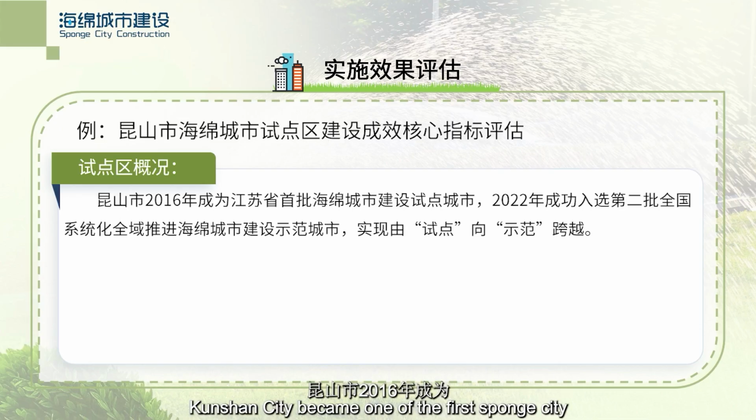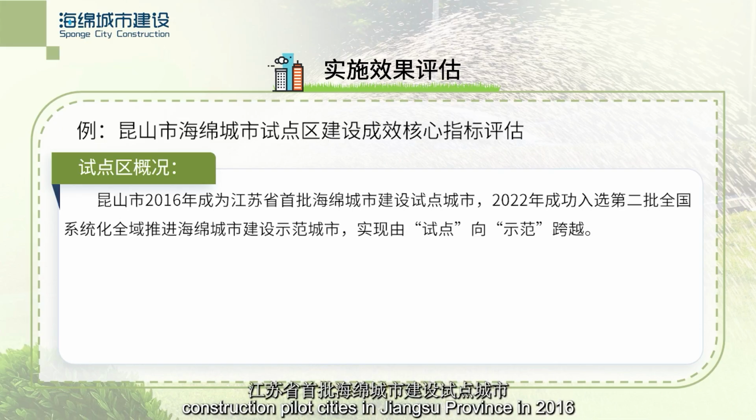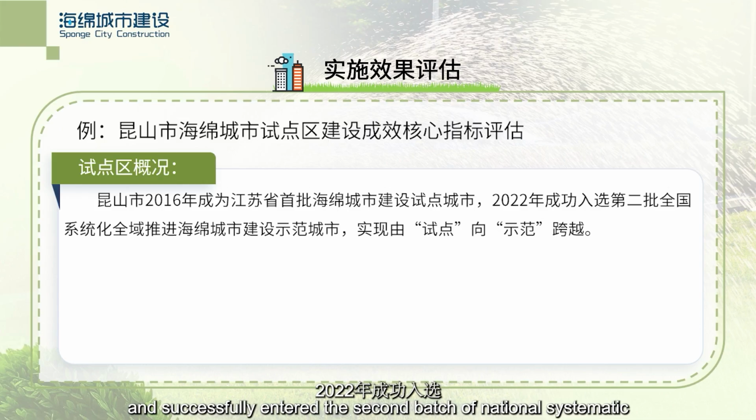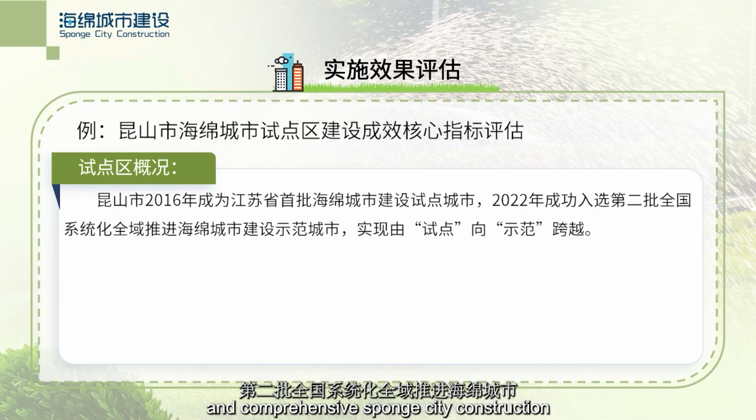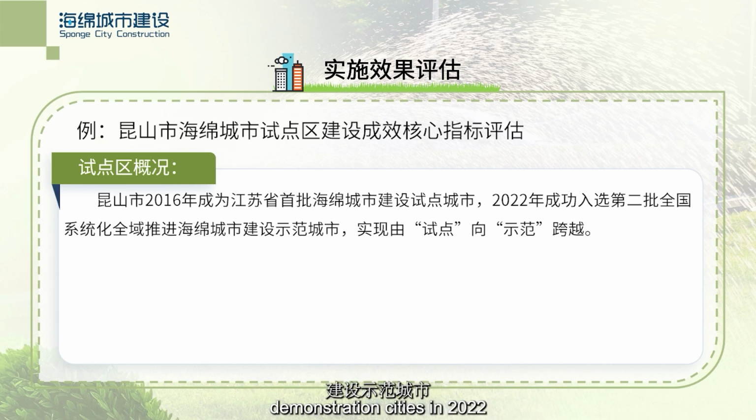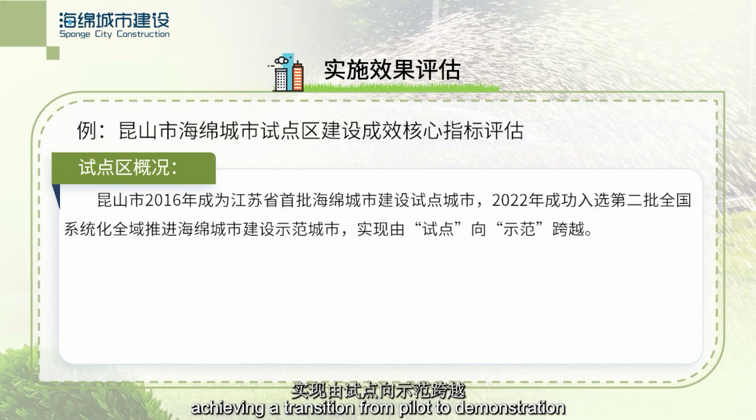Kangshan City became one of the first Sponge City construction pilot cities in Jiangsu Province in 2016, and successfully entered the second batch of national systematic and comprehensive Sponge City construction demonstration cities in 2022, achieving a transition from pilot to demonstration.